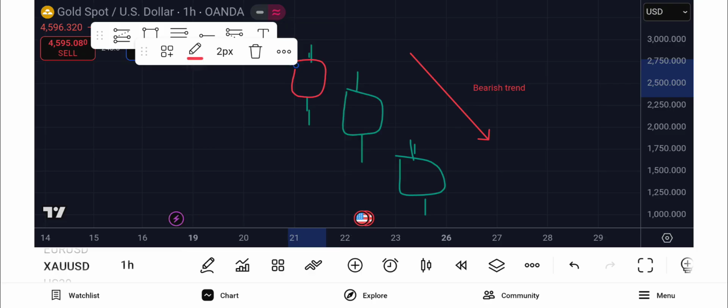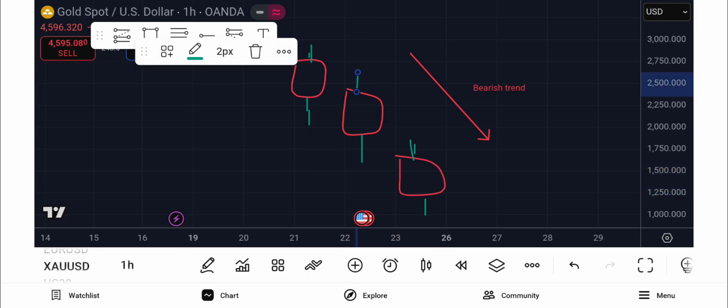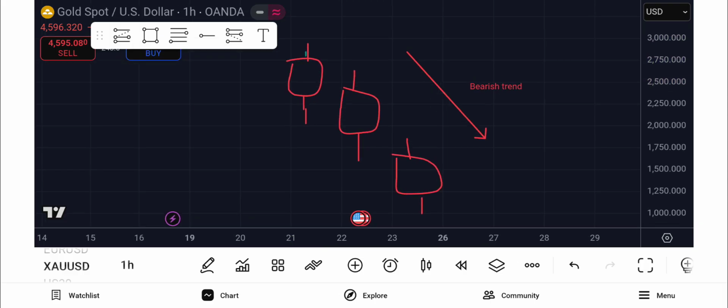Let me make it red. So this is a downtrend. This is a bearish trend.